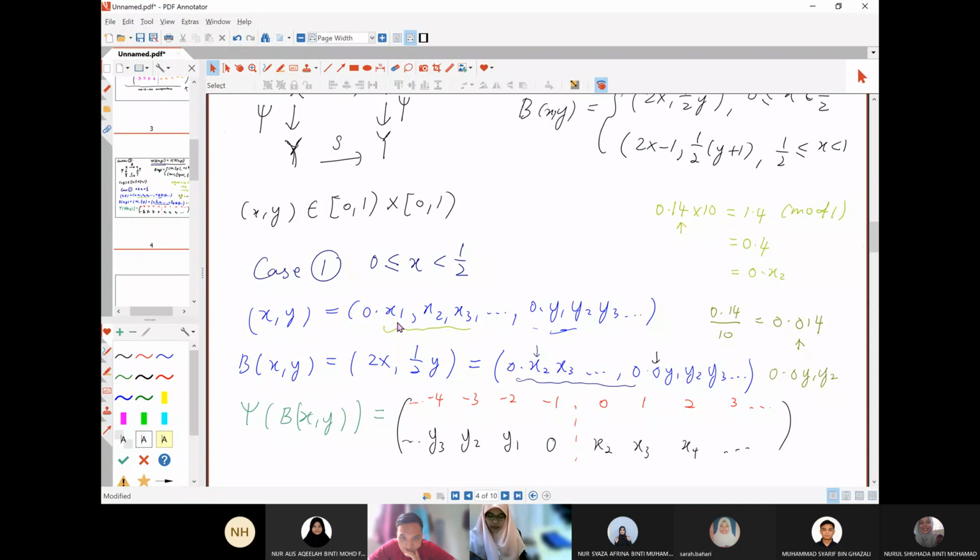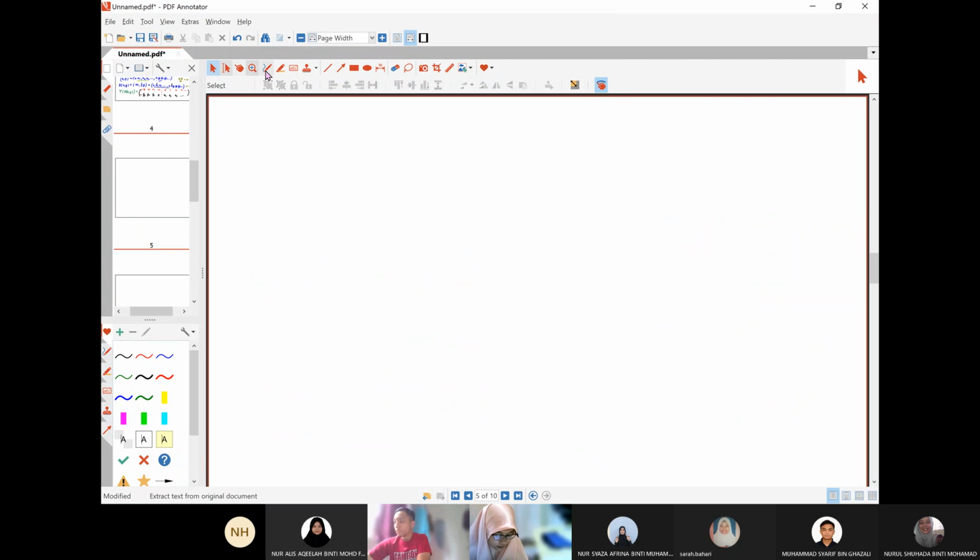Now kita consider the right hand side, but for the case of less than half. Maksudnya for the same case lah. So we will have, right hand side tadi berapa? S of psi xy. So this is the right hand side yang kita nak tunjuk tadi.